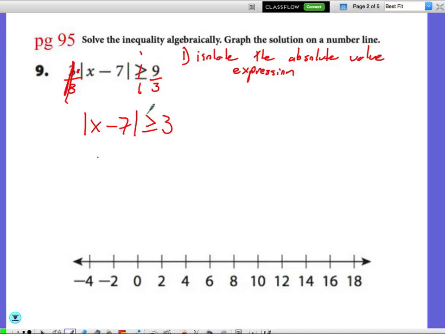Now here is where step 2 becomes different. Instead of writing two equations, we're going to write a compound inequality and solve for x.